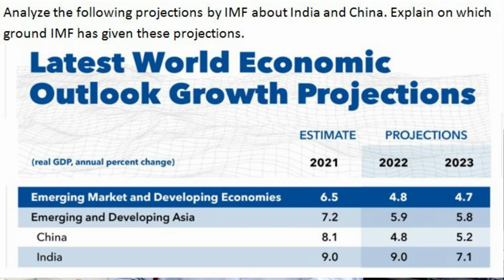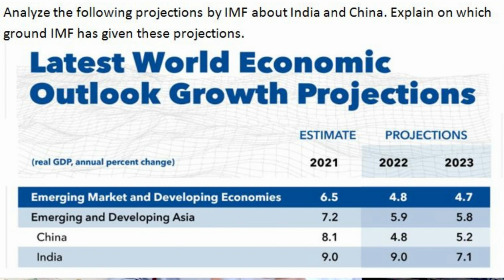Okay. Friend, in the question, what you see are the projections released by the IMF this year 2022. Looking at the projections, you need to answer the question which reads, analyze the following projections by IMF about India and China. Explain on which ground IMF has given these projections about the GDP growth. Okay.